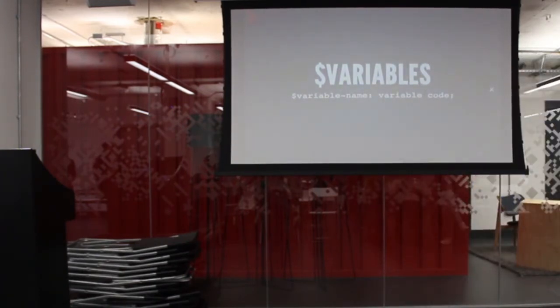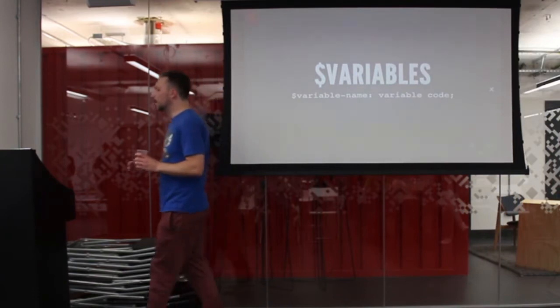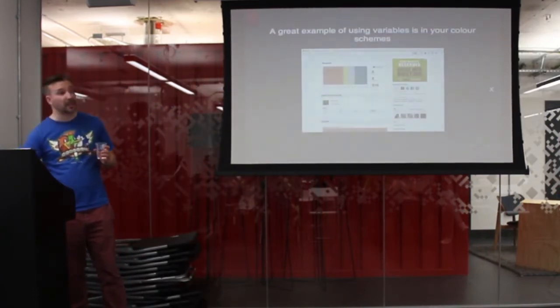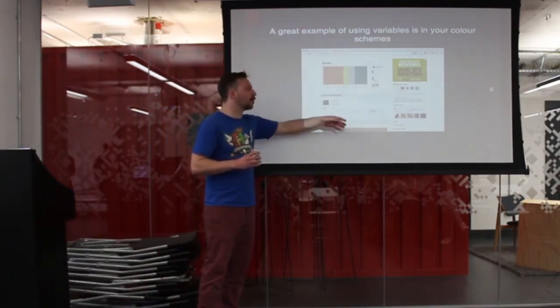So, yes, variables. And it works to make your life easier. A good example would be if you're having colour schemes, and you have your primary, secondary, tertiary, I can't remember. If you have a colour scheme, you could go to Kuler, the Adobe site, or Colour Lovers, whatever.